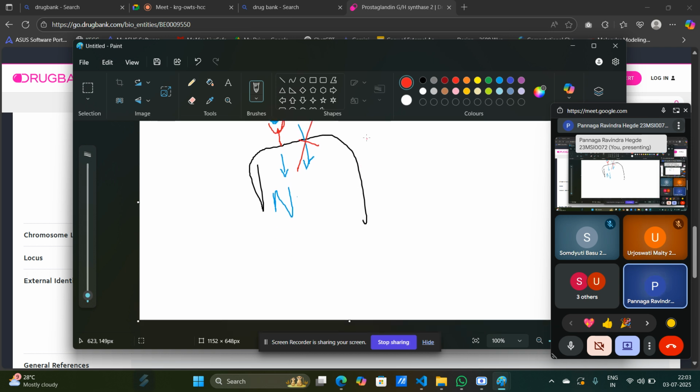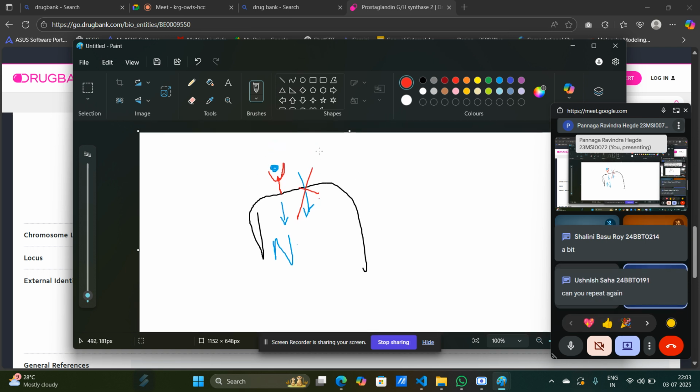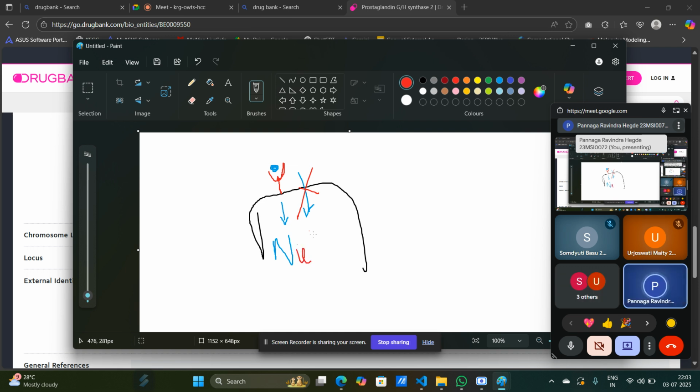Hello? Okay, okay. So what I was trying to say was, if the black box is a cell, and let's consider that this is a neuron, and we have a red receptor which is for pain sensing. If a neurotransmitter comes and binds to this red receptor, pain is going to be sensed by the neuron and it gets transmitted further to the brain.